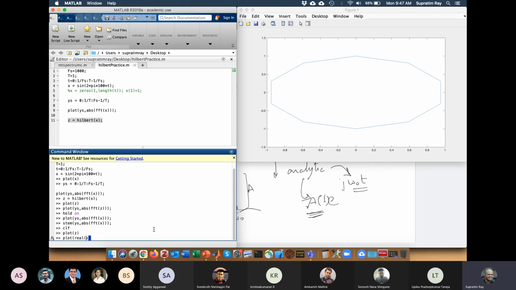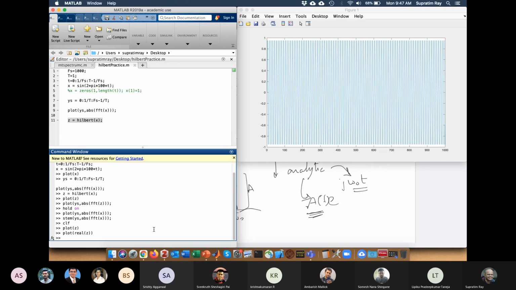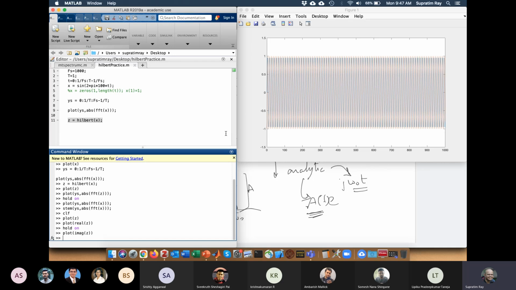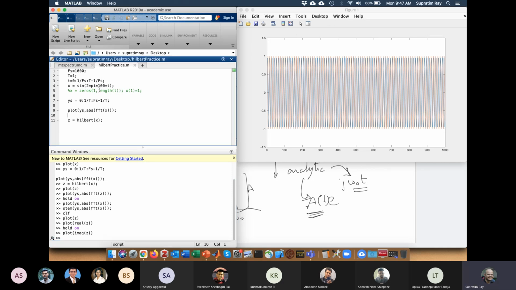If I plot the real part of Z, it's the same as that sinusoid. The imaginary part of Z is going to be a slightly shifted version of this. Okay, I guess it's harder to see. Let me just change the frequency to 20. It'll be easier for you guys to see this.